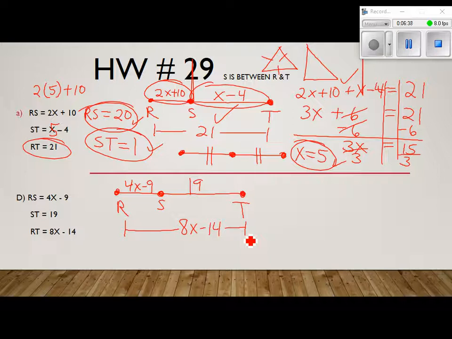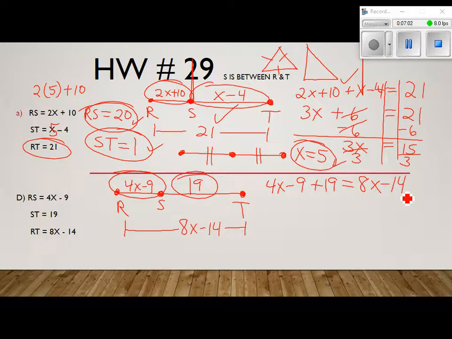She just set it up the way she thought it was supposed to be. So you've got to make sure that you're setting up things correctly. So on this, that segment, 4x minus 9 plus 19 should equal the entire segment, 8x minus 14.